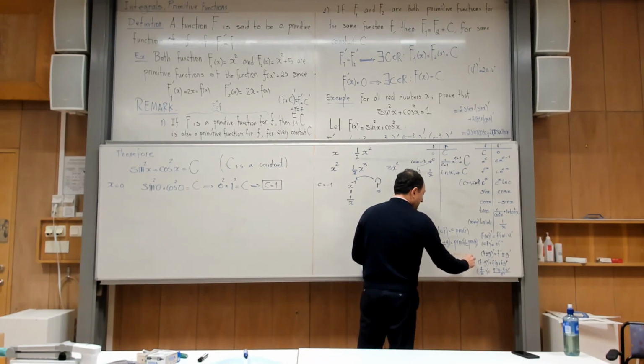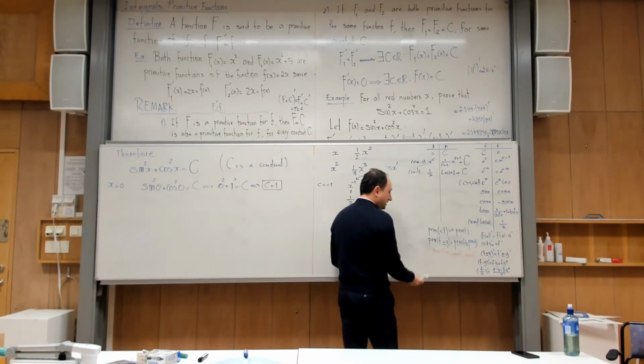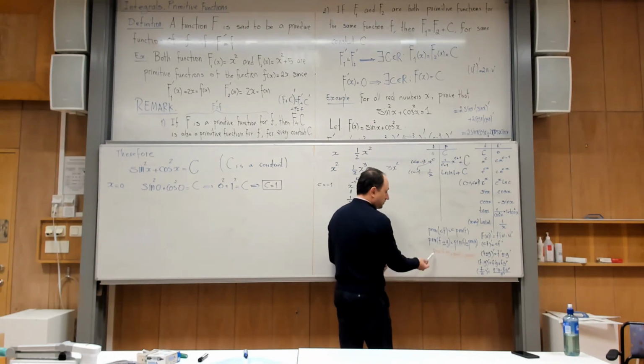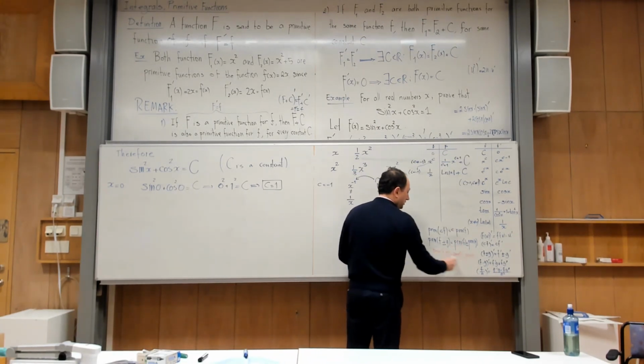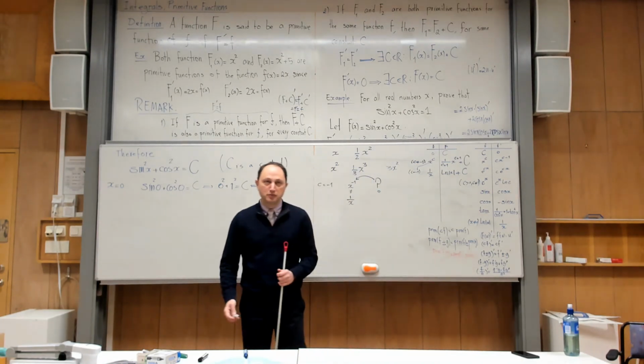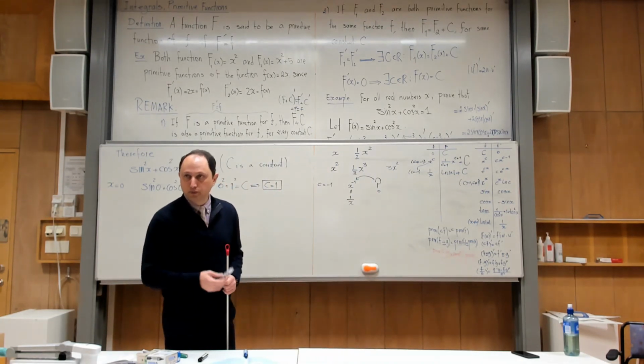Or you might think, using this idea, that the primitive function of f times g is the primitive function of f multiplied by g itself plus the other way around. No, none of them are correct.